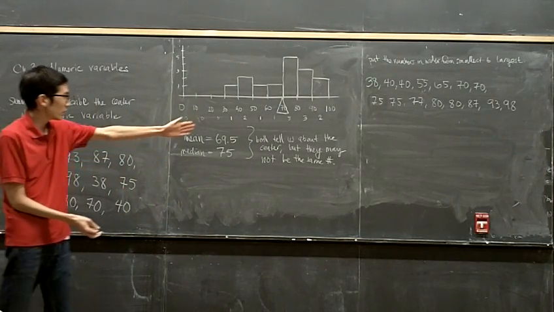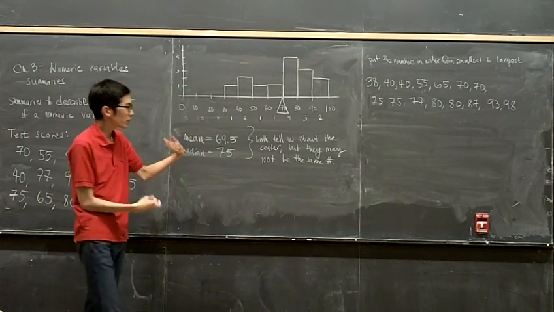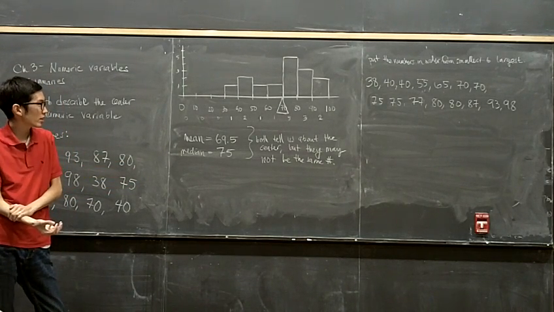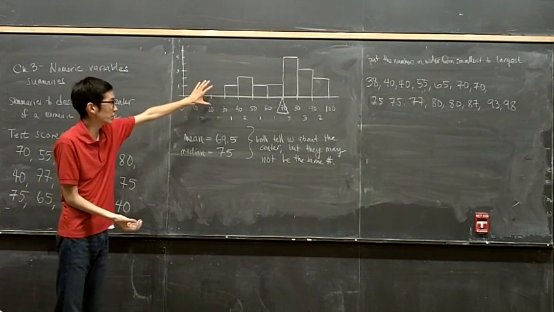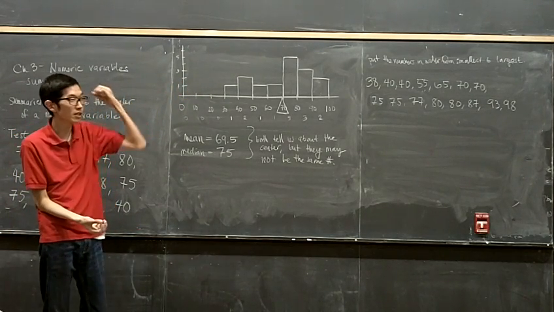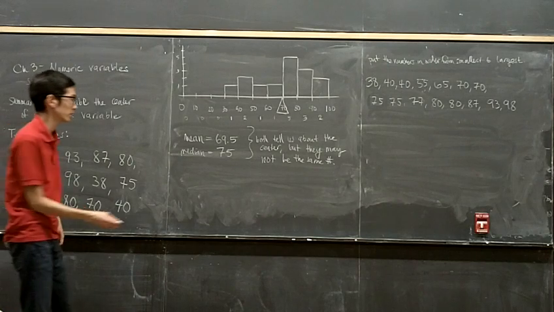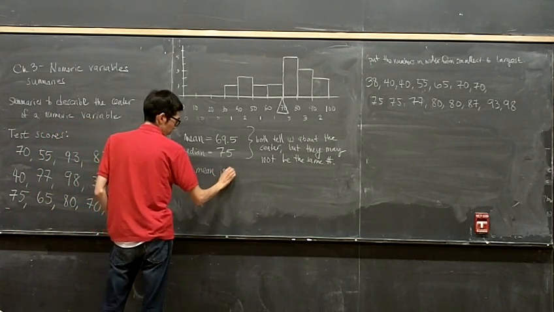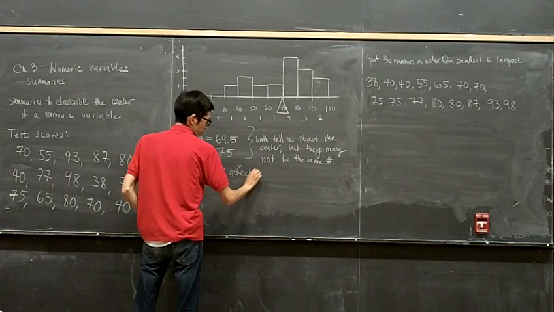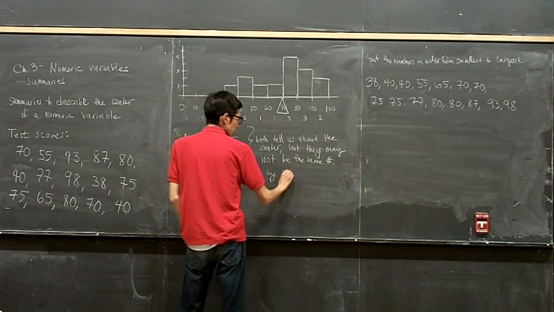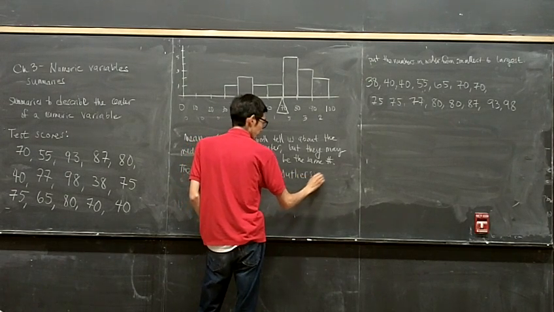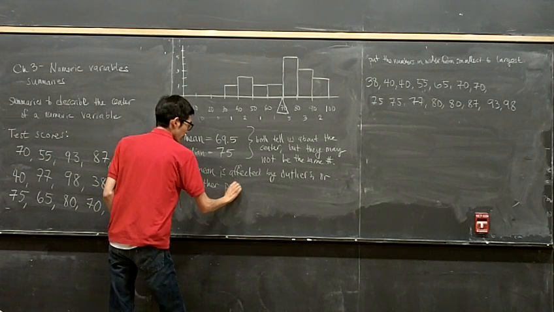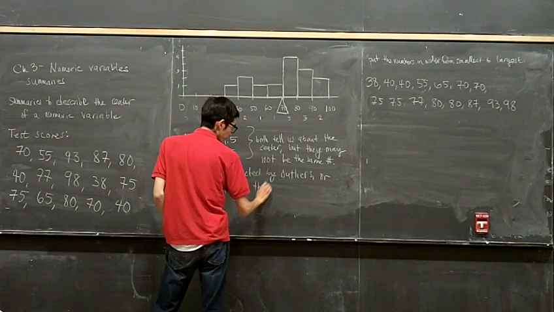So the mean and the median both give us the idea of the center, but one takes into account these lower points, and that's the mean. So the mean is affected by outliers, or other points that are far away from the center.